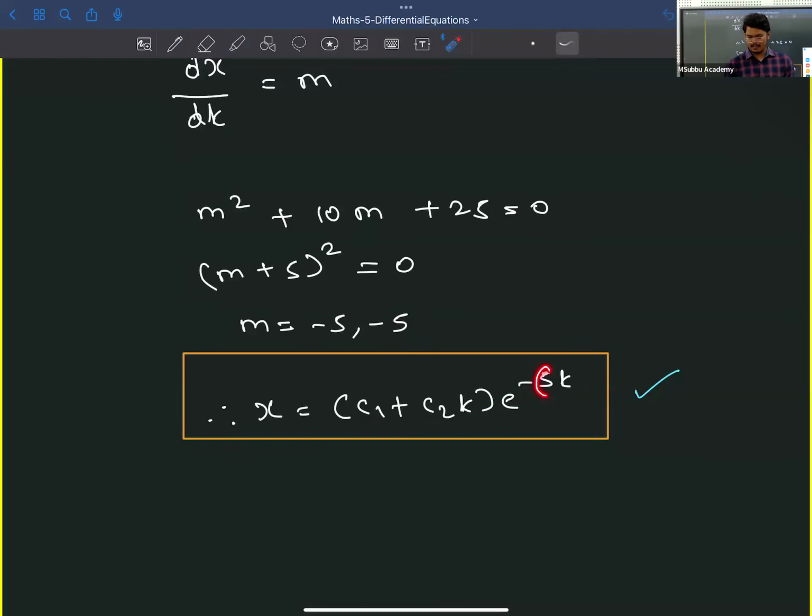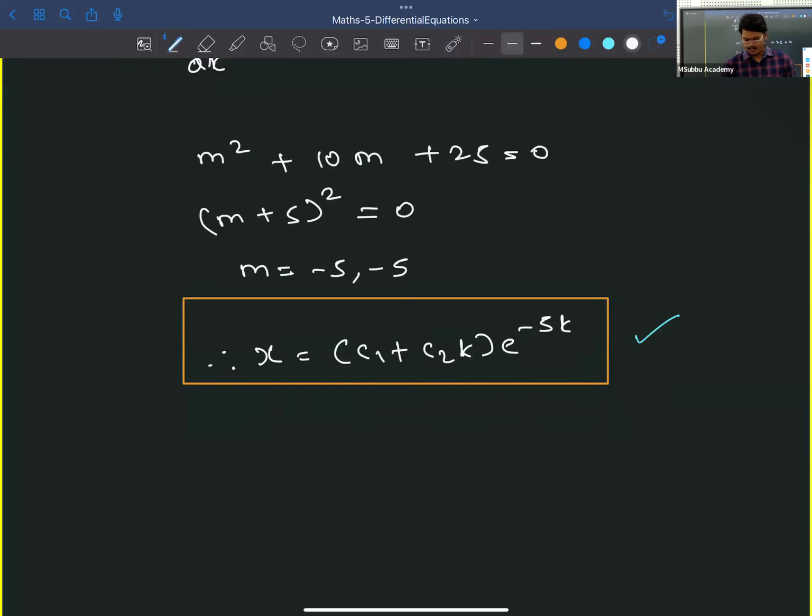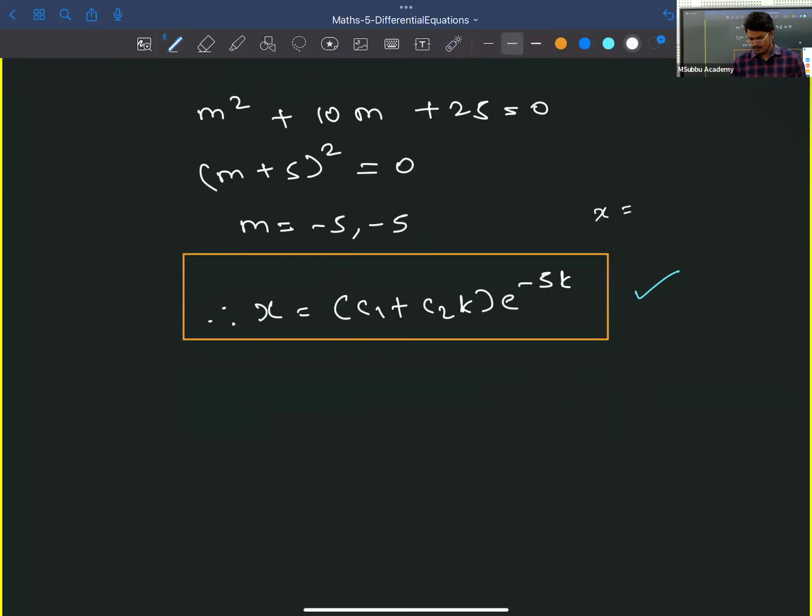I'll just write the general formula for it. Complementary function x is equal to (c1 plus c2 t), here they have given t so I am taking it as t, into e power mt, where m is the root.